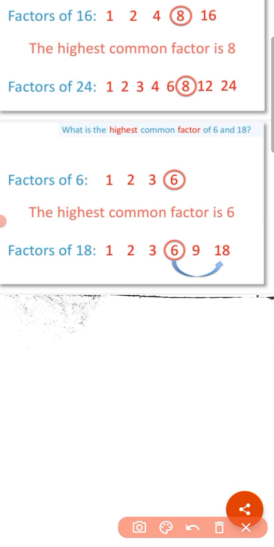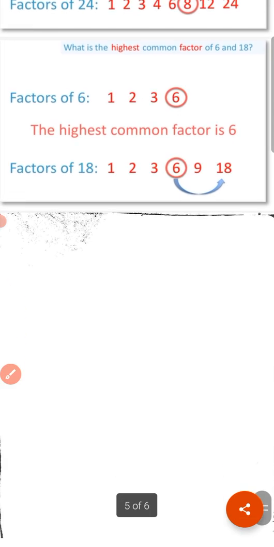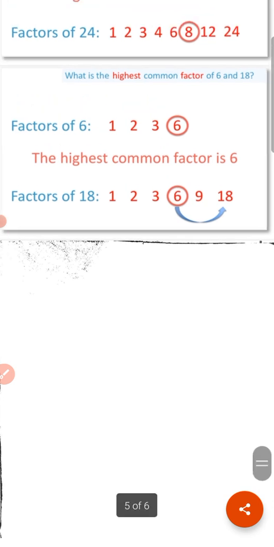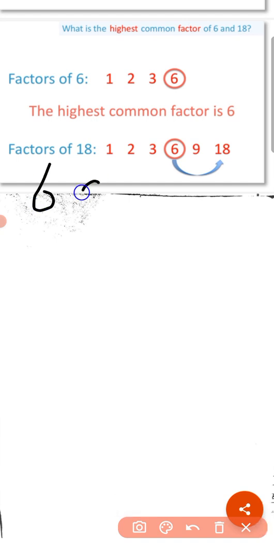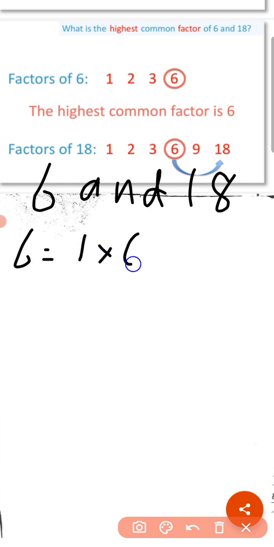Now children, let us do one more question. Here we are finding the HCF of 6 and 18. First find the factors of 6. 1 into 6, 2 into 3.